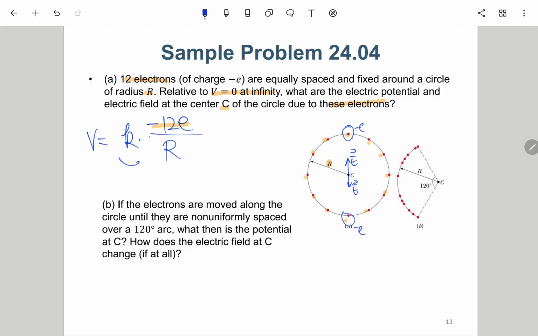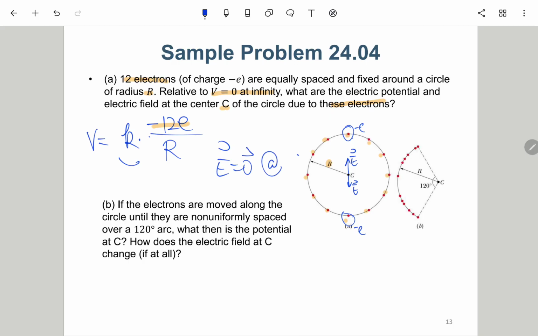Among these 12 electrons, you can pair them up into 6 pairs. Each pair generates E fields that cancel each other, so the total E field will be 0.